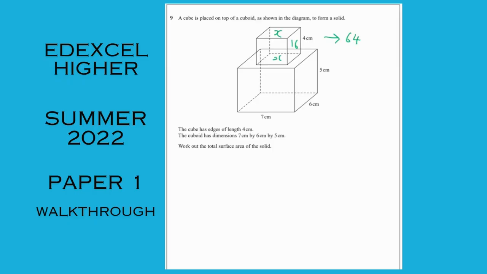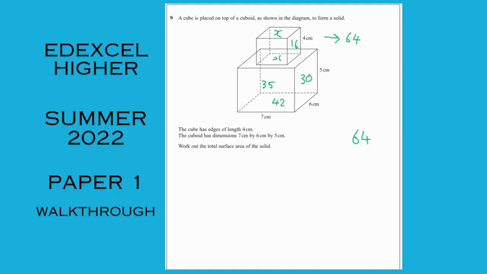So there's 4 sides, 64. And now we treat the cuboid as if it's not got anything on top. So we do the side, that's 6 by 5. The base is 7 by 6. And the top and the front and back, is 7 by 5, 35. So we've got the 64.